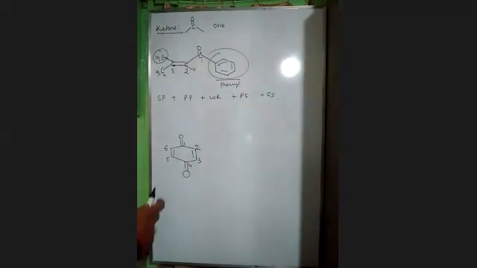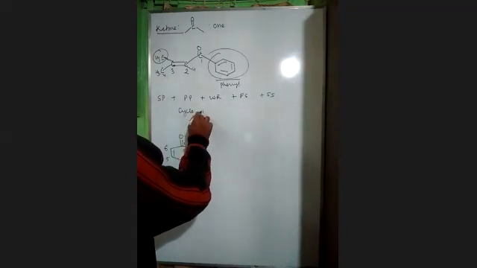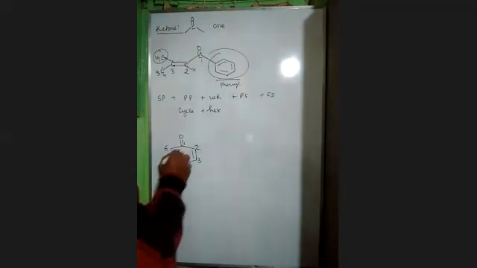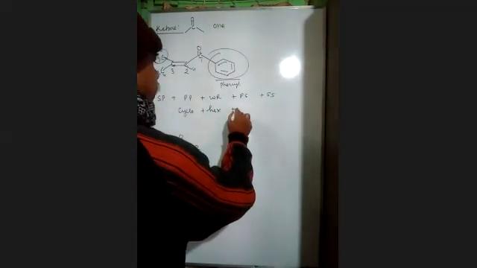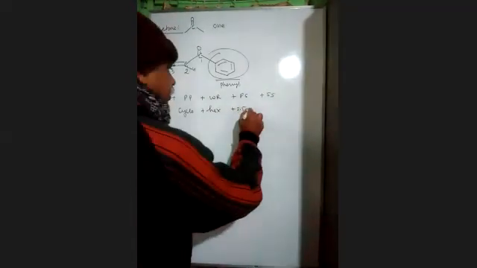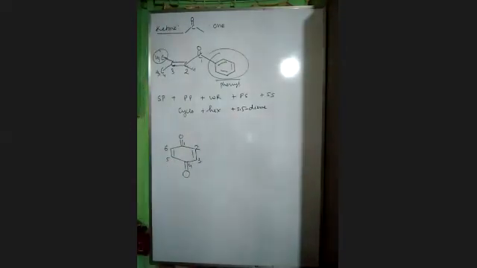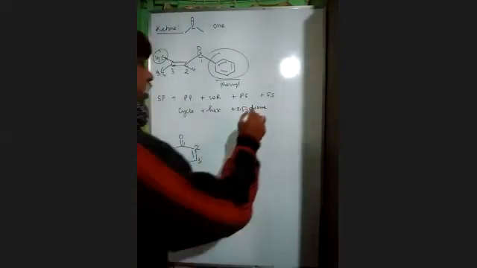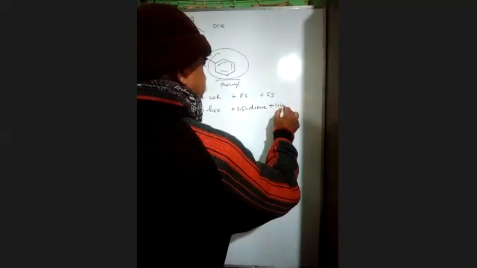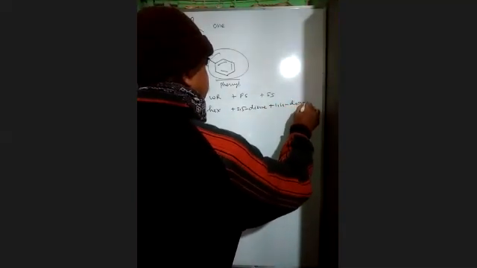Cyclohex. It is the cyclo, hex, then 2,5 di-en, then 1,4 dione.